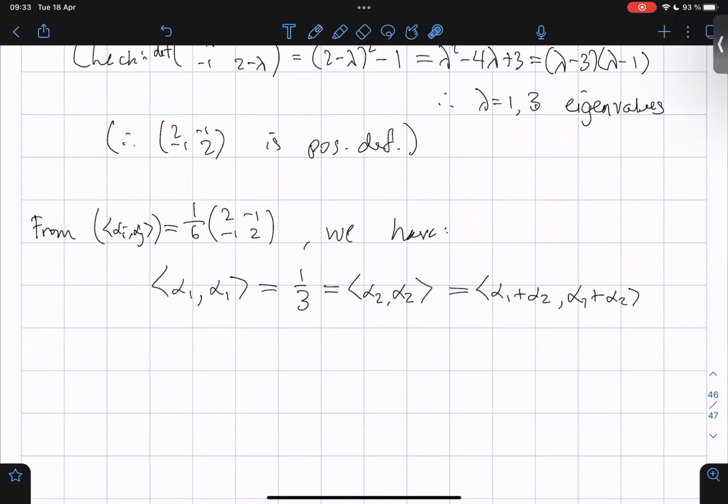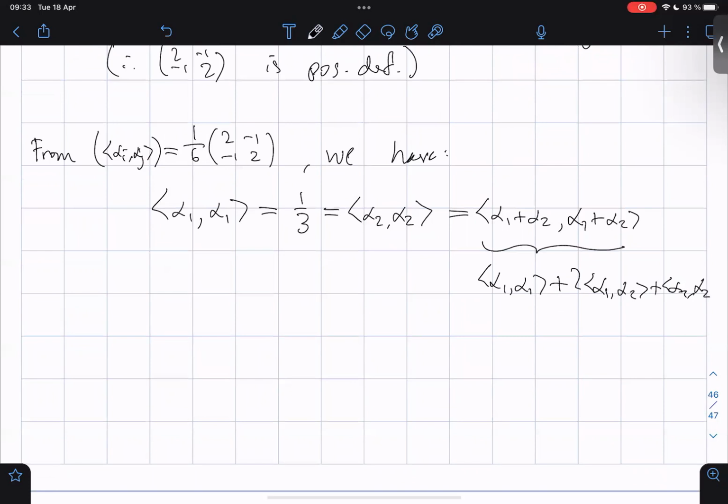When we do that, we have to expand it bilinearly. Alpha 1 plus alpha 2 paired with alpha 1 is the same thing as alpha 1 paired with alpha 2, so we have 2 of these and 1 of these.